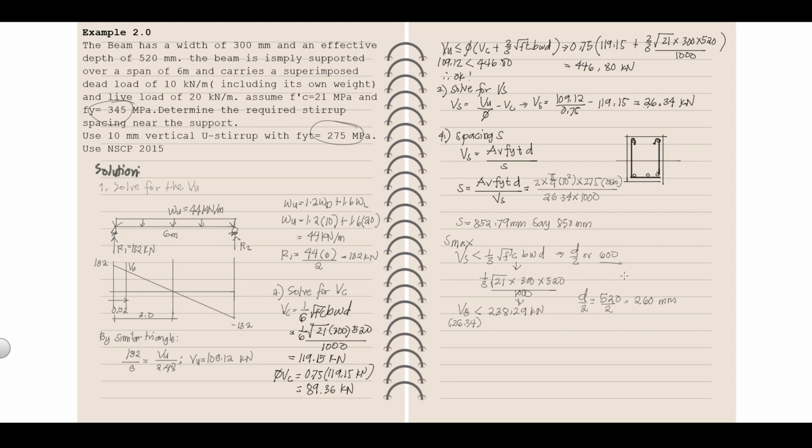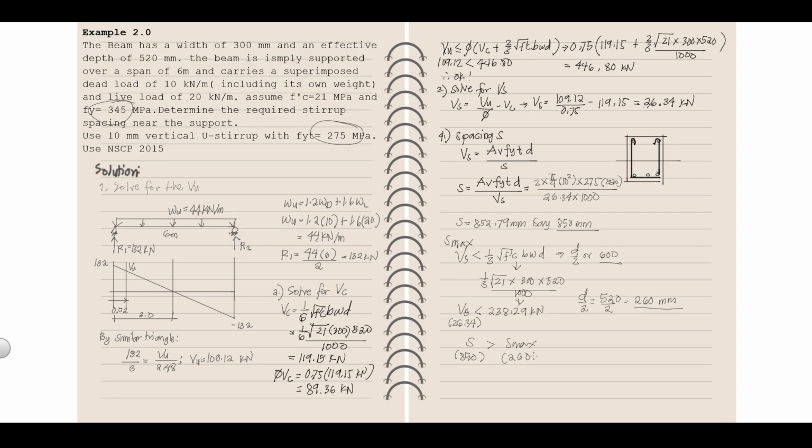Sa S-max natin, sa code, yung pinakamaliit po ang pipiliin natin as your maximum spacing. That is the 260. Now, we compare it to our S. Our S is 850, which is greater than our S-max, which is 260.